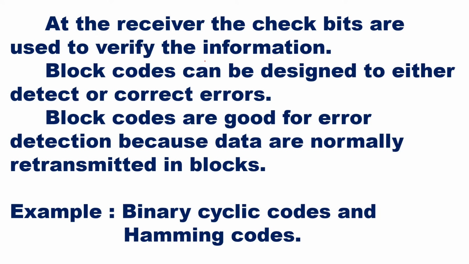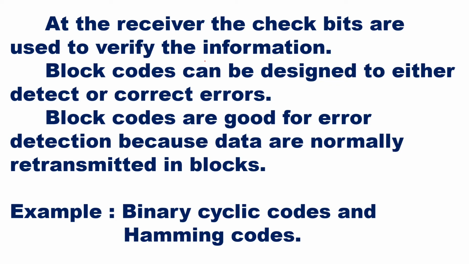Now, under these block codes we can have certain methods, and the examples are given here. One is binary cyclic code, BCC, and one is Hamming code. So these are examples of block codes. They use the general idea of block code: along with information you add certain extra bits, and those extra bits will help you at the receiver to detect the error.